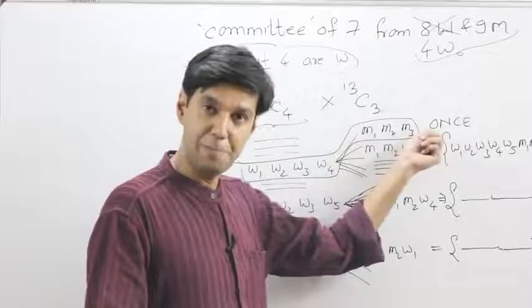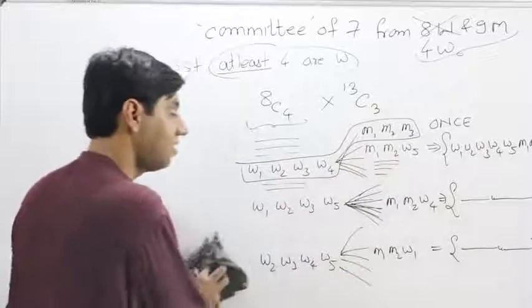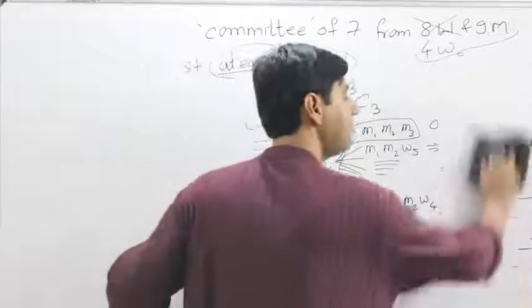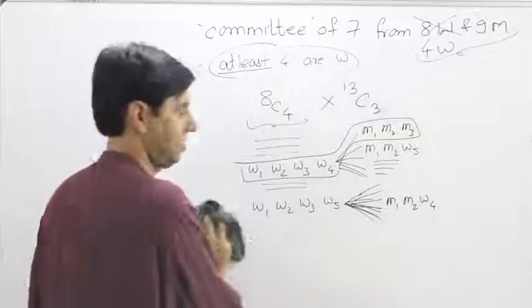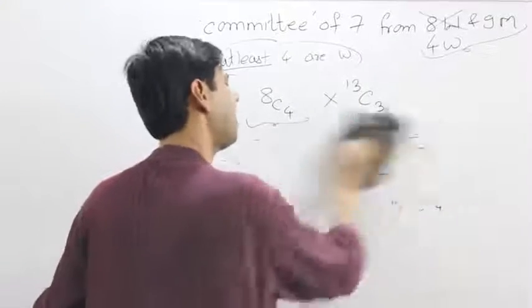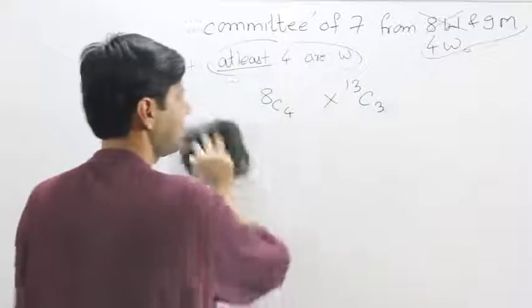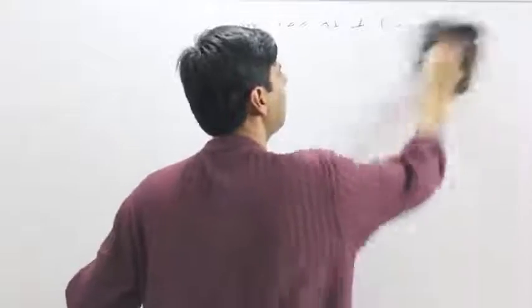Some of them you will be counting only once, and for some, the number of times you count is not constant. A completely women committee could be counted in many different ways, right? So this entire process does not yield us an answer, and the only other way is that longish expression that we had written earlier.